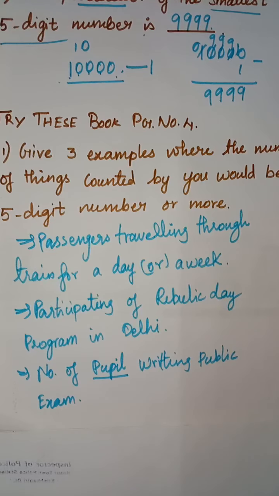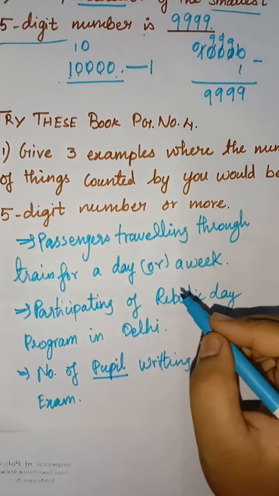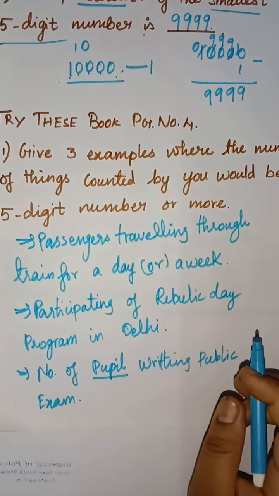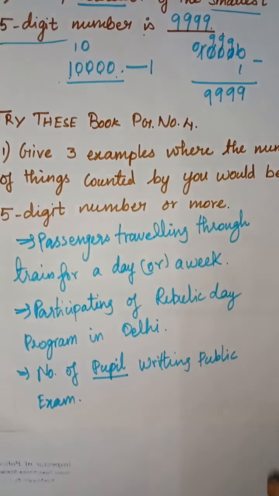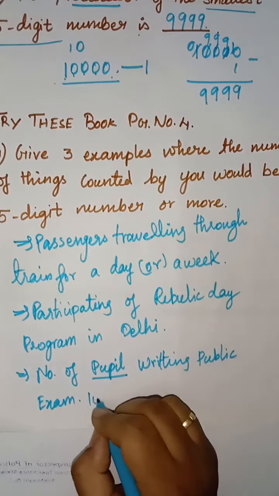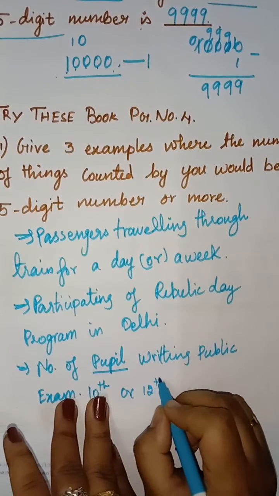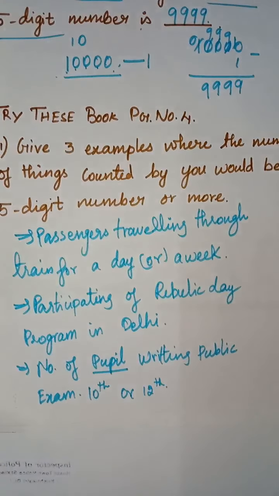Okay, so we can say that the first one is traveling through trains. The next one is participating in the Republic Day march. Next, the pupils writing public exams in 10th or 12th. So in this session, the first thing we have learned is the expanded form.